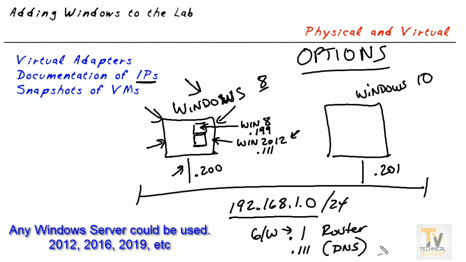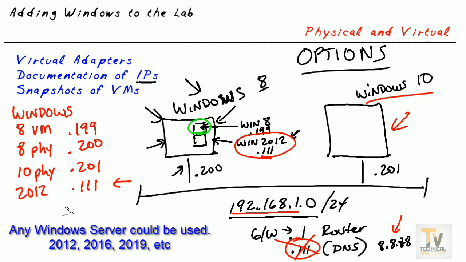We could also configure a backup for DNS as 8.8.8.8, which is a Google DNS server out on the internet. So that way, if for whatever reason DNS isn't configured or that virtual machine, the Windows 2012 server, is not up and running, the host will have a fallback to go to an alternate DNS server of 8.8.8.8. So as a summary, it's going to look like this.